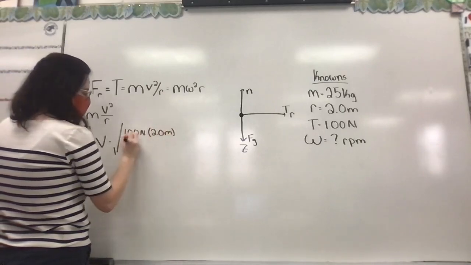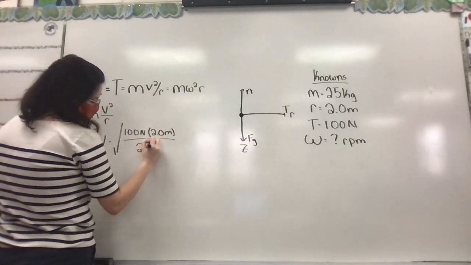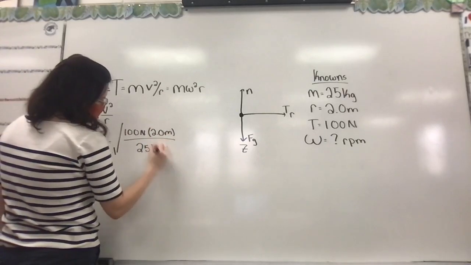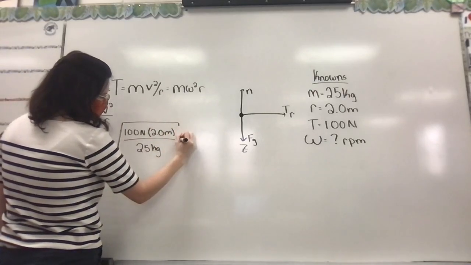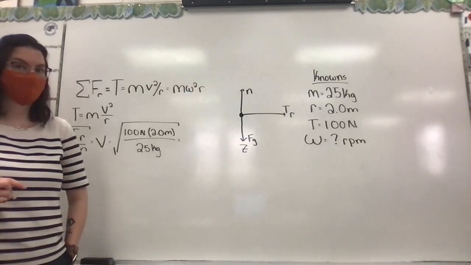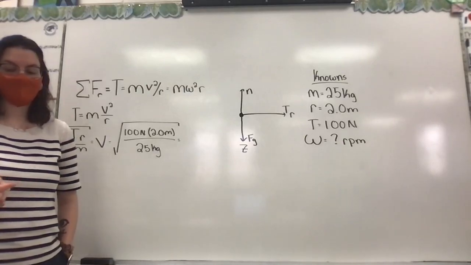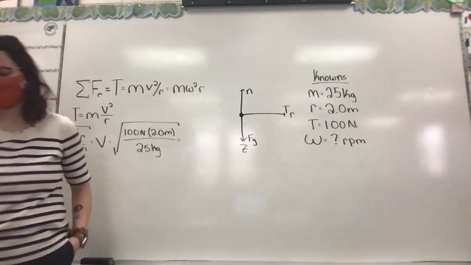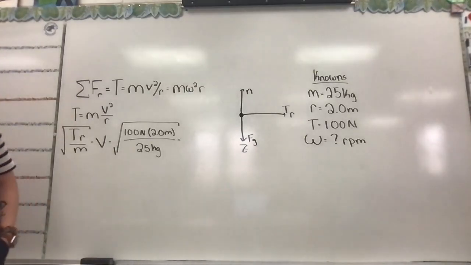And what's our m? Okay, so who can tell me what our velocity is? Can you give me a decimal? No, that's 2.83. Yes.